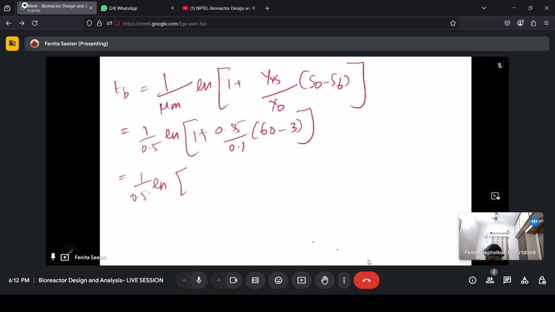0.55 divided by 0.1 is 5.5. 1 plus 5.5 into 57, which is 314.5.